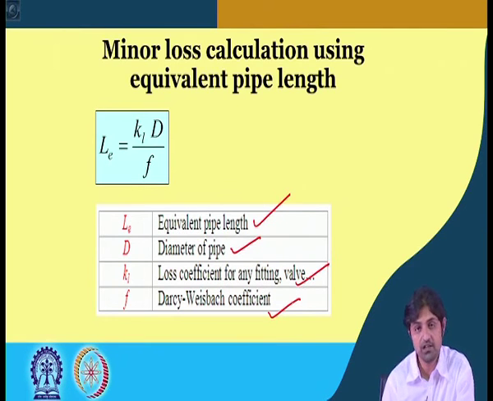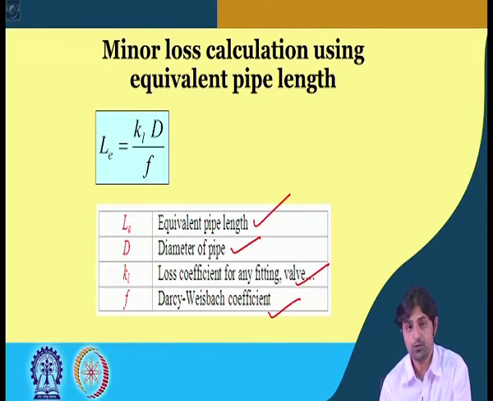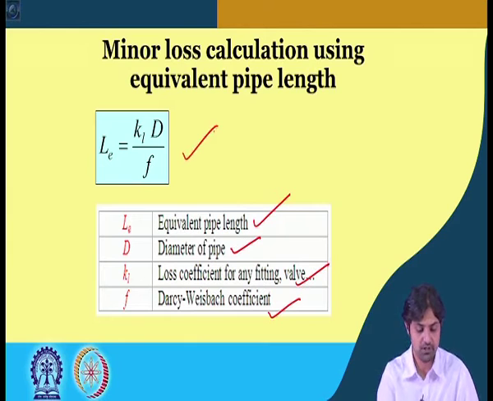For example, there are several pipes connected in either series or parallel or a combination of those, and somebody asks you to calculate the equivalent pipe length. If there was one single pipe with the equivalent pipe diameter, what would be the effective pipe length? So you can use this formula.